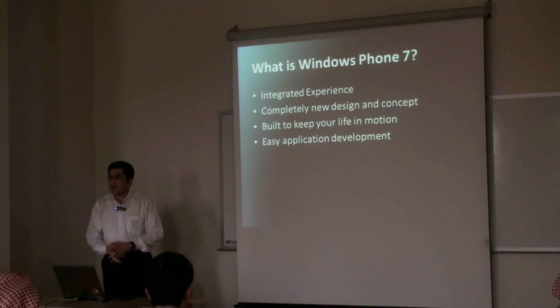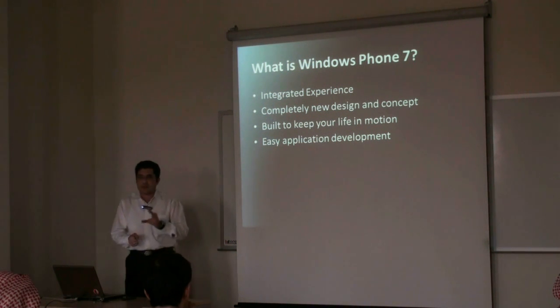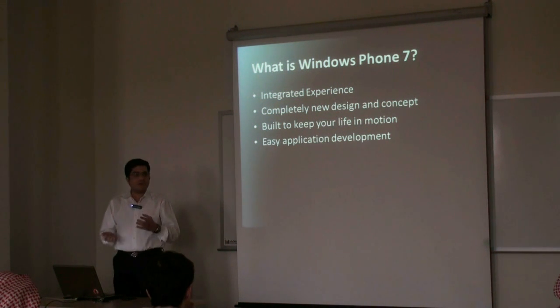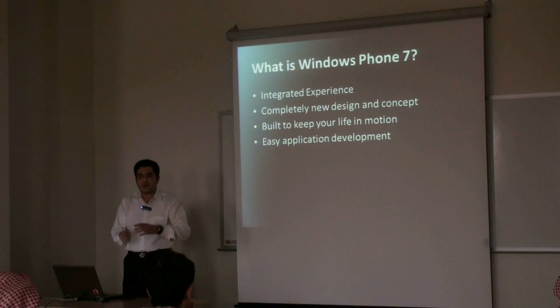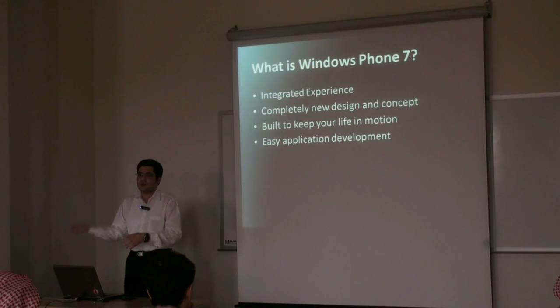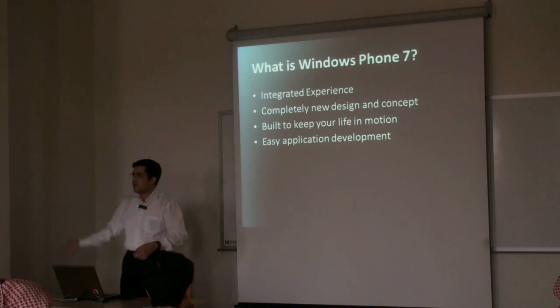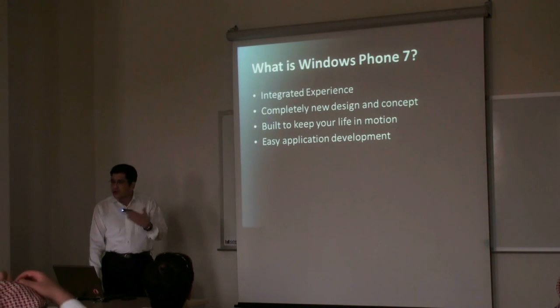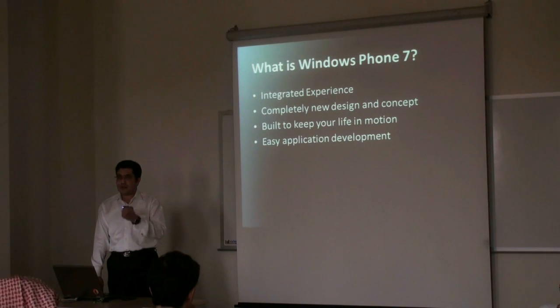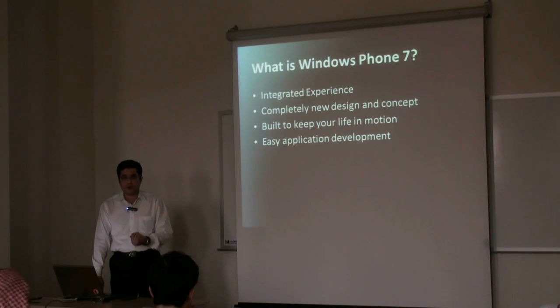In the past, it was a little bit complicated to build applications for Windows Mobile because you had a lot of form factors, a lot of resolutions. Some devices had small screens, some had large screens, some were working on VGA resolution, WVGA, you have landscape, you have portrait modes, and all of these made it a little bit complicated for developers to develop an application that works on every phone.